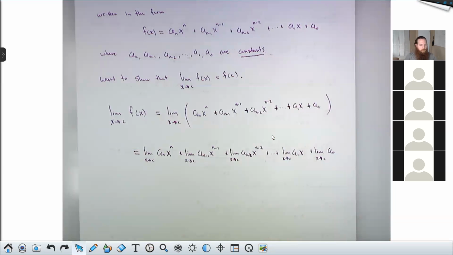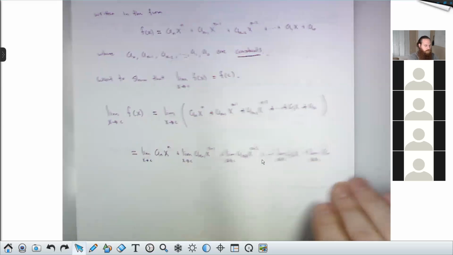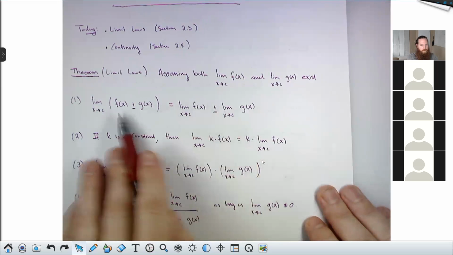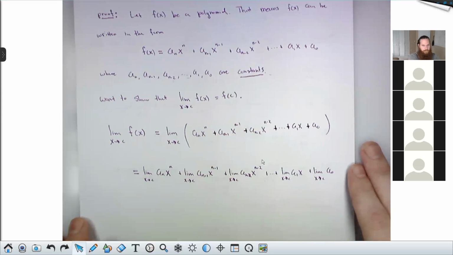So remember, one of our first limit laws is that the limit of f plus g is the limit of f plus the limit of g. I can apply that here to say the limit of this plus this plus this and so on is equal to the limit of the first piece plus the limit of the second piece plus the limit of the third piece, right? That was our very first rule, is that limits split up over addition. Comfy so far?